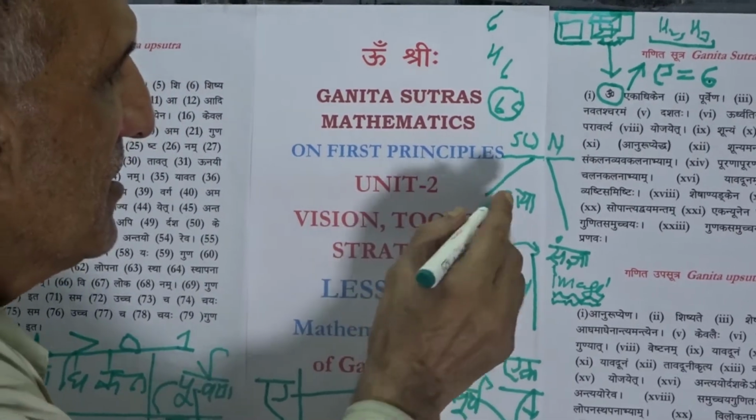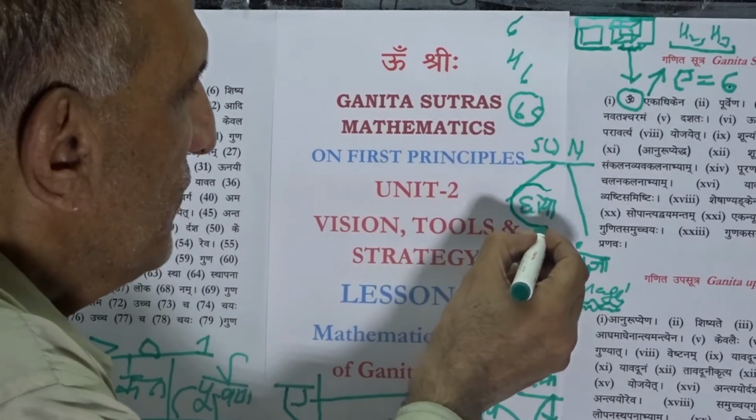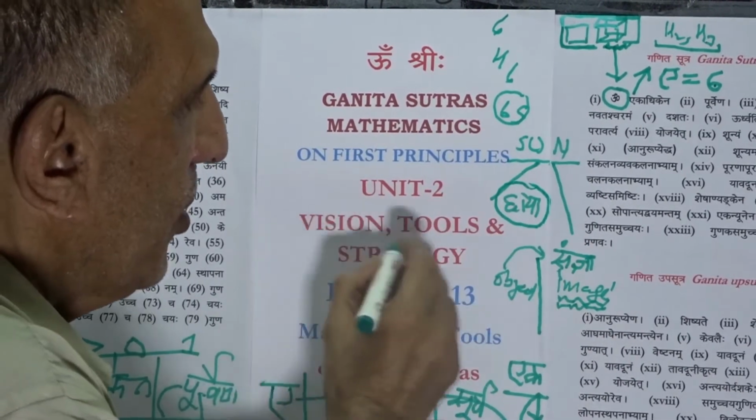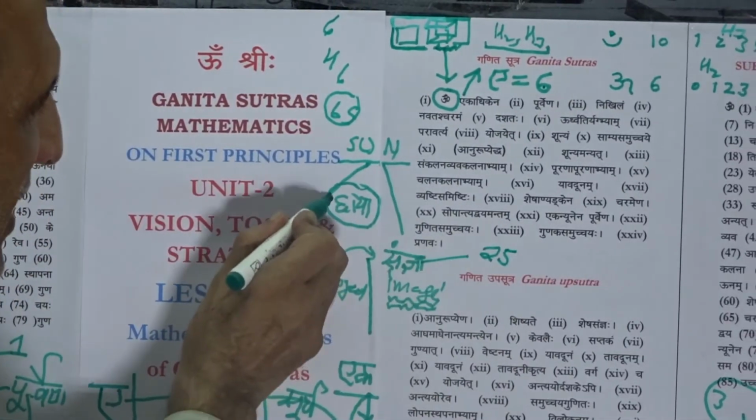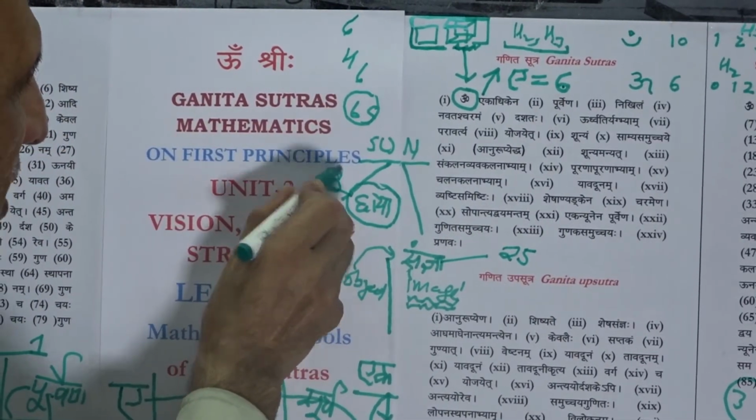It is this feature, this value, which is to be absorbed, and Sangya is of a TC value 25 while Chaya is of TC value 8.